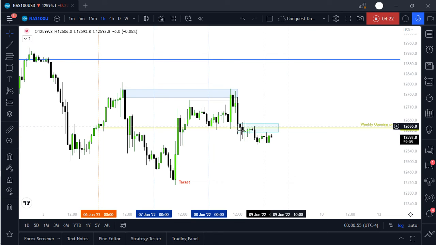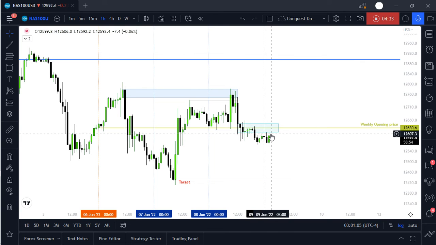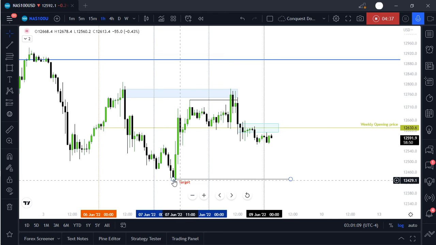So I do expect price to respect this area of resistance, and since we came from above the weekly opening price and now we're trading below, I do expect price to complete by targeting this low right here.